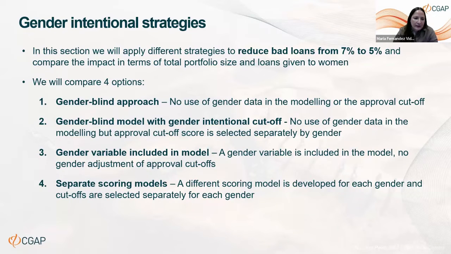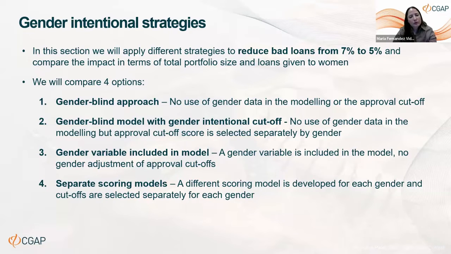In the second case, we do the same thing in terms of moving this cutoff, but instead of doing it for a blended population that has both men and women, we first separate men and women and then find that 5% for each group separately. And we see what that means in terms of how many people get approved.